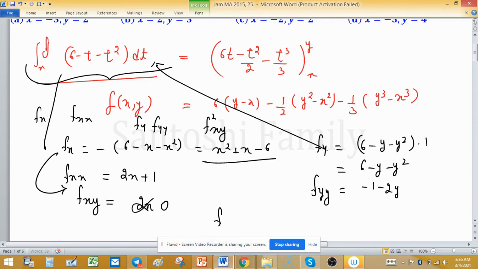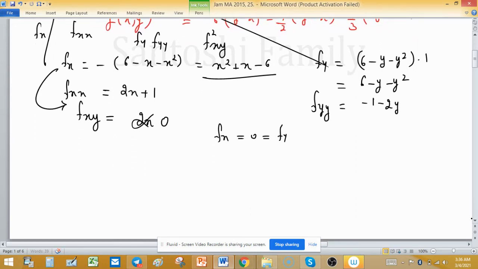Now for critical points, put fx equal to 0 and fy equal to 0. Which point makes these first partial derivatives 0? So x square plus x minus 6 is 0. The factors of this will be x plus 3 and x minus 2. This means x is minus 3 and x is 2.